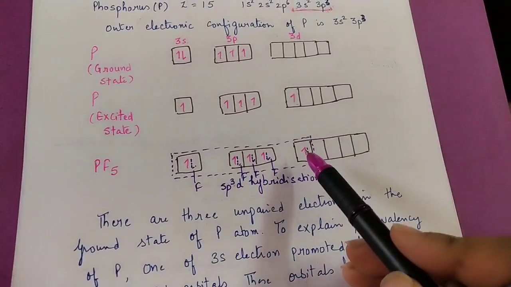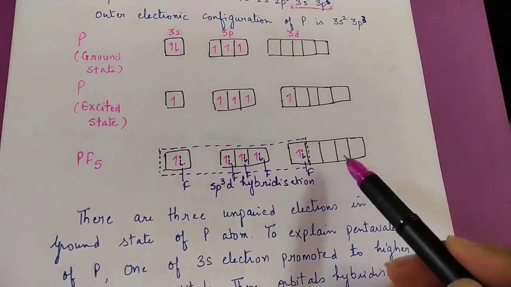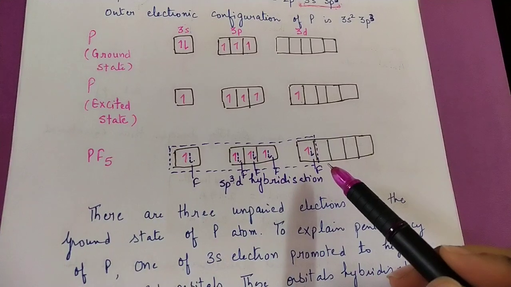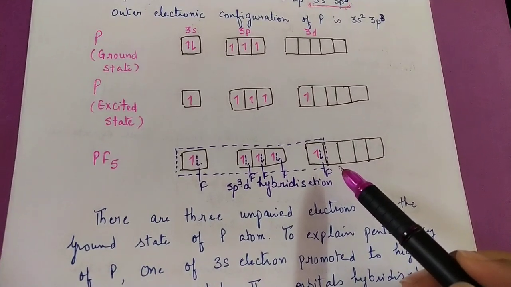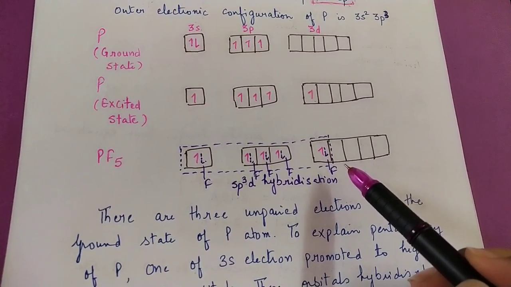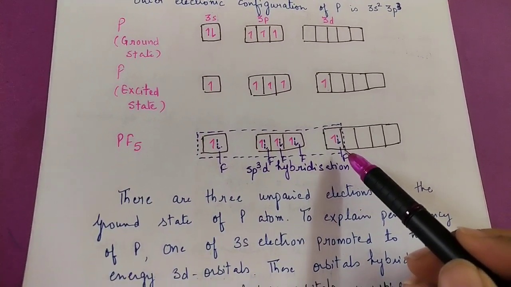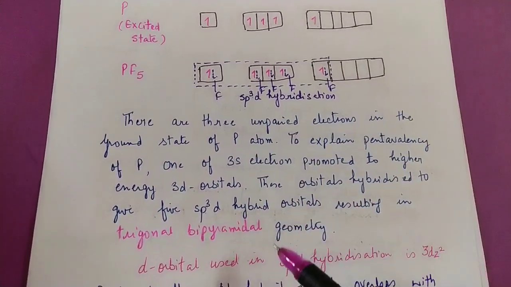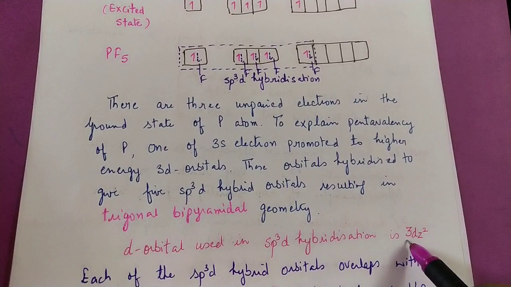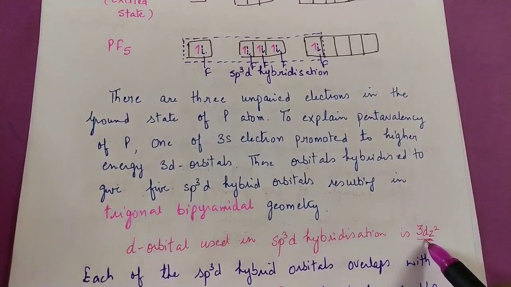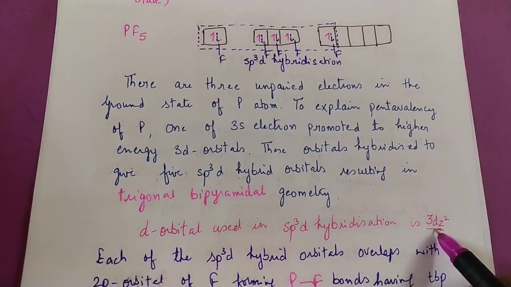Now, you know that there are 5 types of d orbitals: dx square minus y square, dz square, dxy, dyz and dxz. Which d orbital participates in sp3d hybridization? It is dz square.